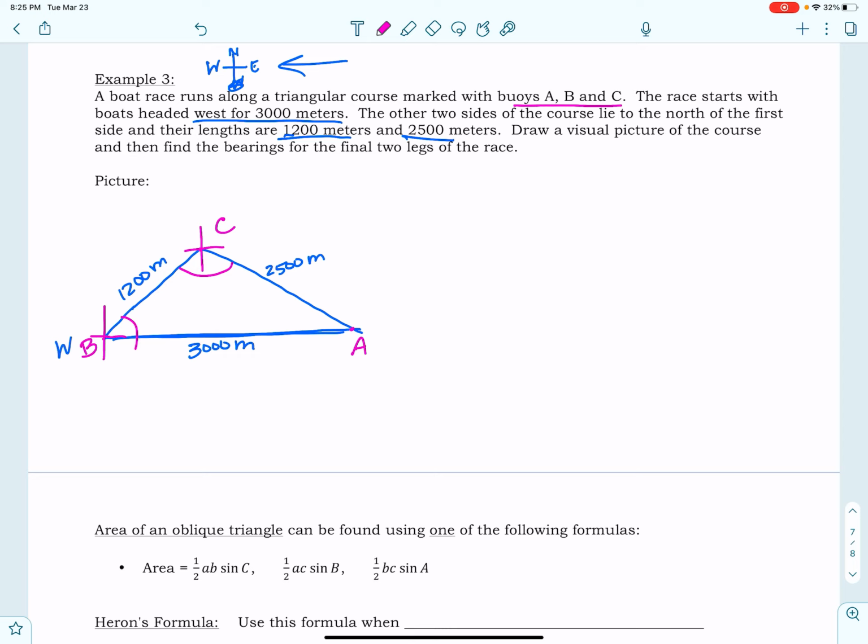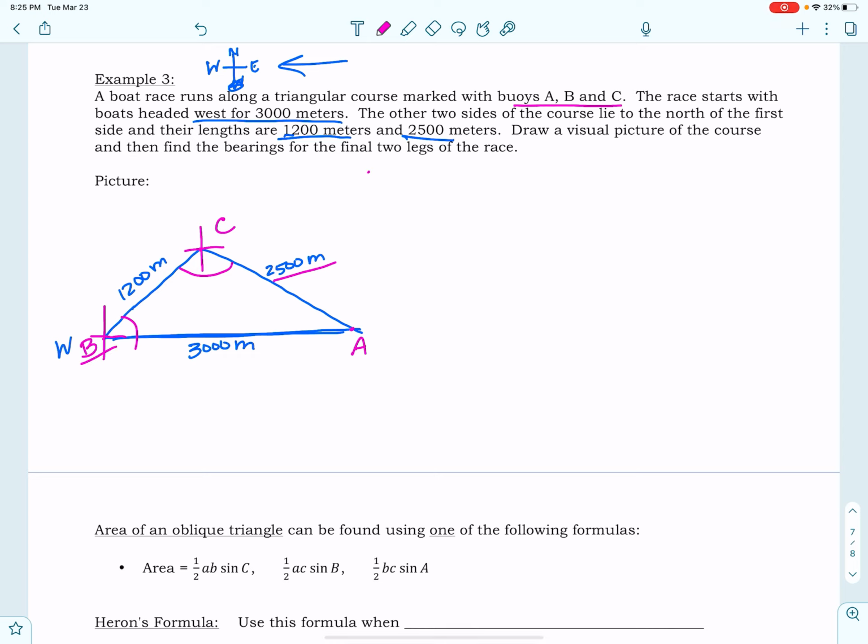Well, if you'll notice, this is an oblique triangle. That means it's not a right triangle, in which I know all three of the sides, but none of the angles. This is the perfect setup for the law of cosines. So I am going to just start with 2,500 because it's across from B, and that's one of the angles I need to know.